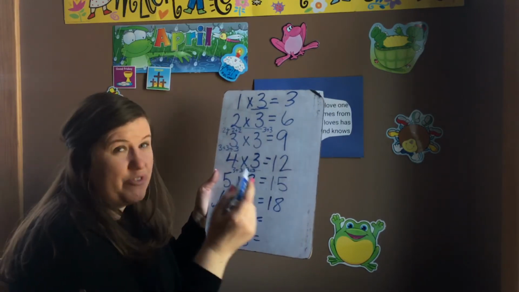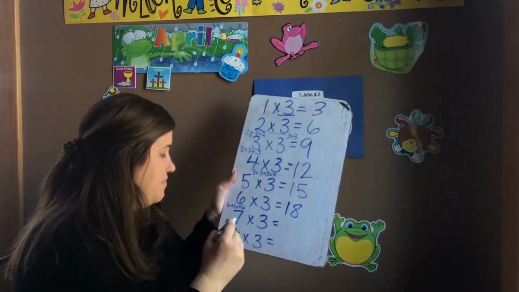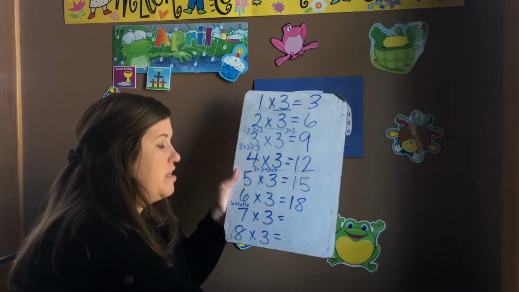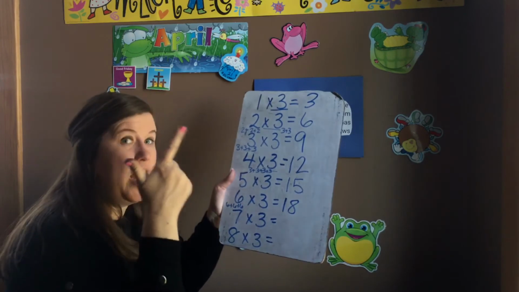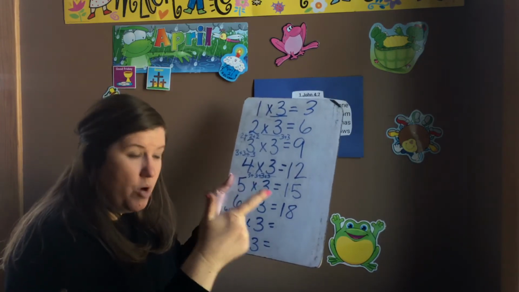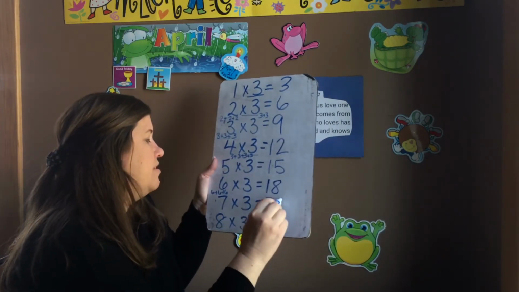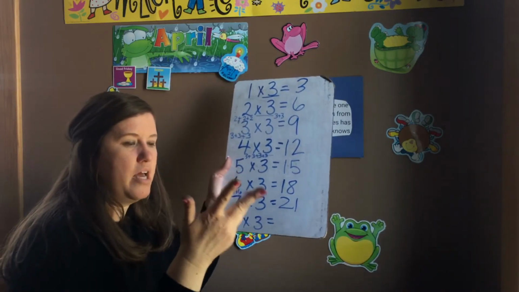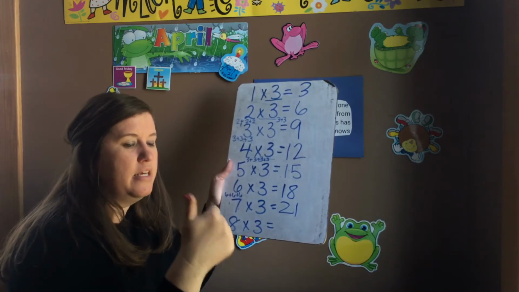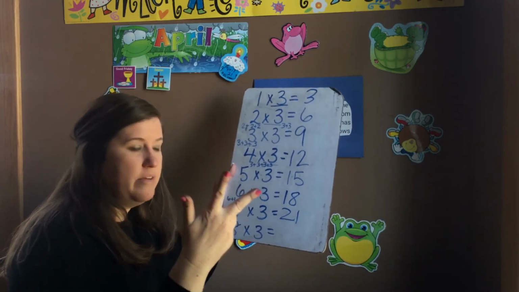Whichever is easiest for your math mind, do what's easier. So 7 3 times, 3, 6, 9, 12, 15, 18, 21. 8 3 times, 3, 6, 9, 12, 15, 18, 21, 24.